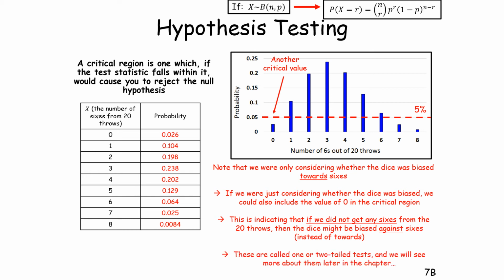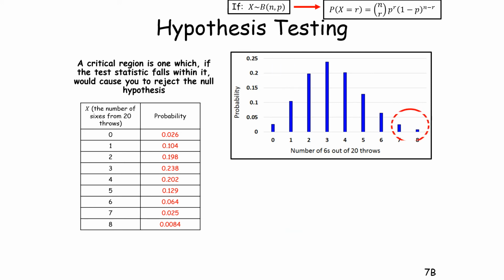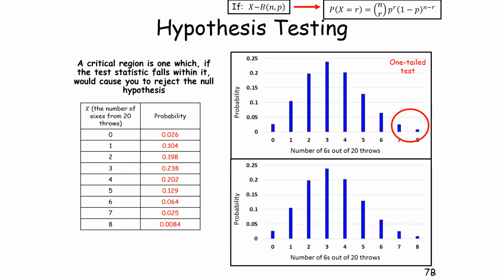In this case, we say these are two-tailed tests, and we will see more about that later in the chapter. For a one-tailed test, we are interested in one of these sides. For a two-tailed test, we're interested in both the left-hand side and the right-hand side.